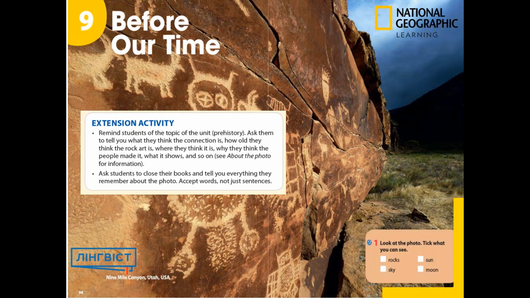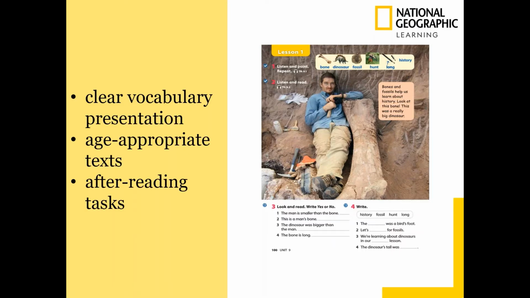Again, if the people made it, why they made it, what their life was like. Make a story about a day of a person who lived in that age. Great way to talk about past simple, right? Again, we can see that it's just an English book, but it helps us to integrate the subjects.